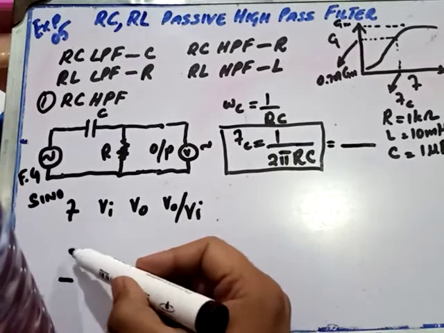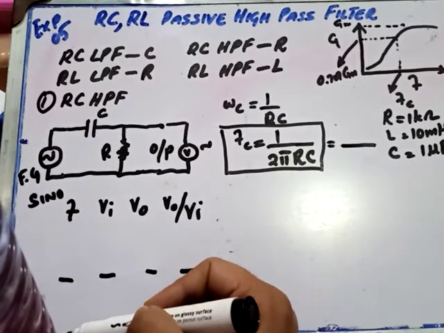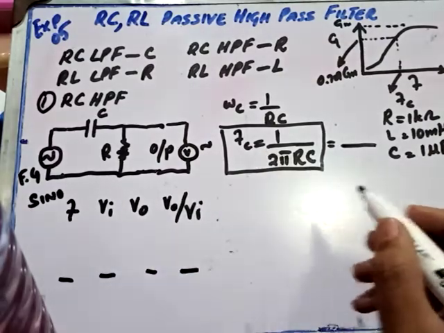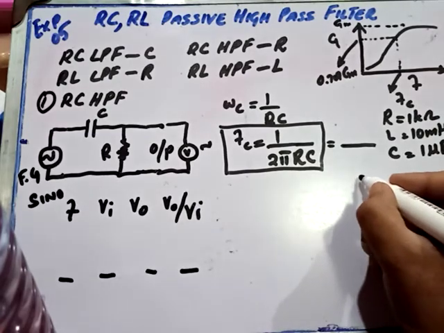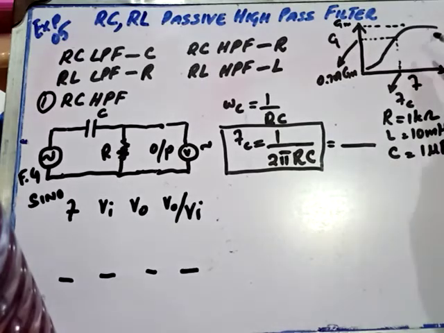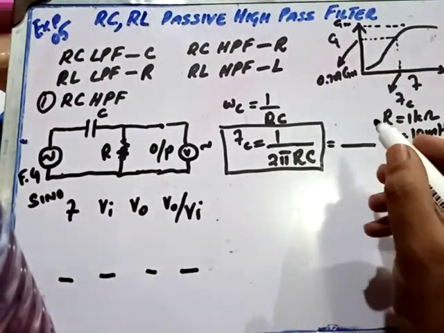Practically you can have 4 to 5 values before this cutoff and 4 to 5 values after this cutoff, that is input, output and correspondingly the gain. At the end of this experiment you are going to draw the curve, and this curve will be like the one that we have already discussed. After drawing the curve you will work out the measured value of cutoff frequency.